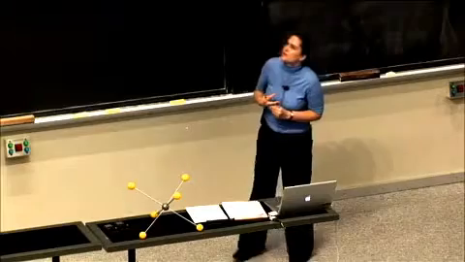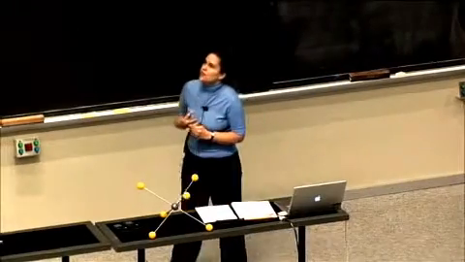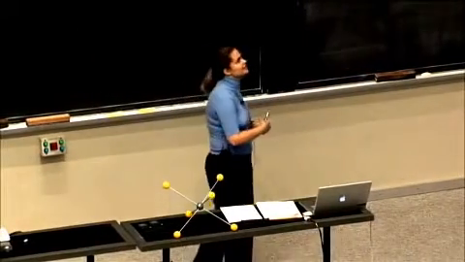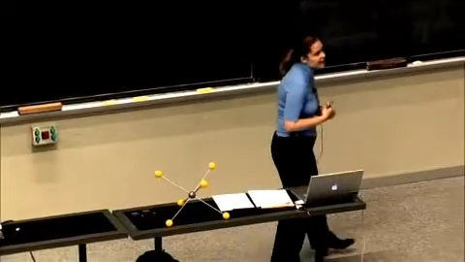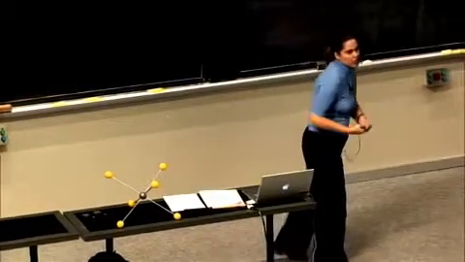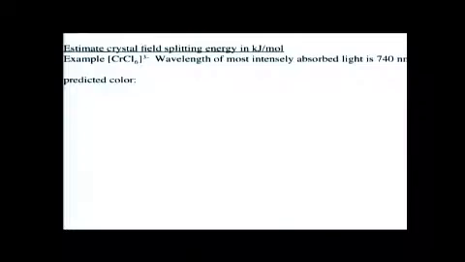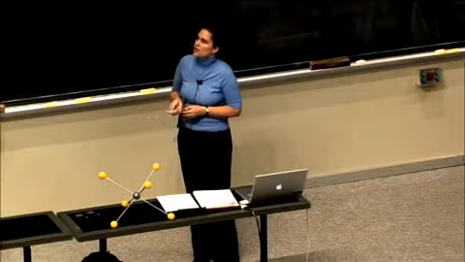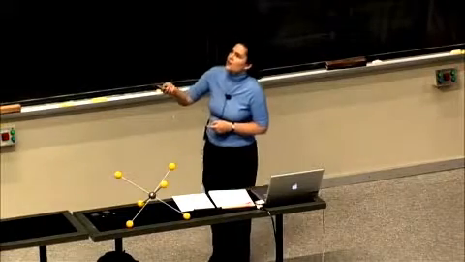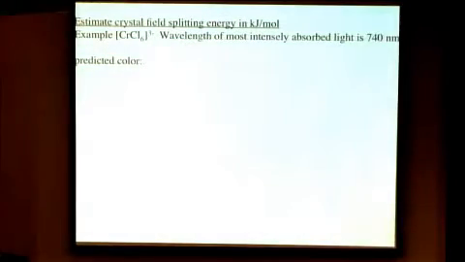All right. So one can also be asked to calculate a crystal field splitting energy in kilojoules per mole, given the appropriate information. So we've looked at when a splitting energy is given, and we've been asked to calculate wavelength absorbed. You can also be asked to go in the other direction. And so here we have another chromium complex to work with.